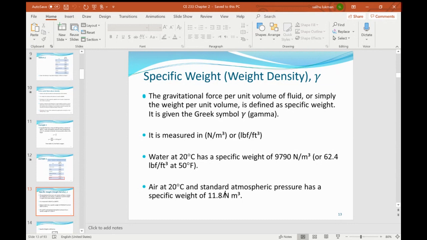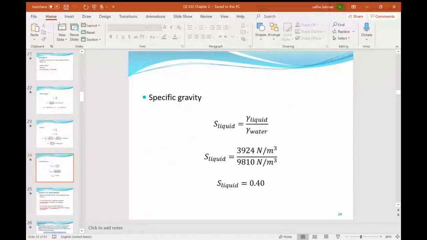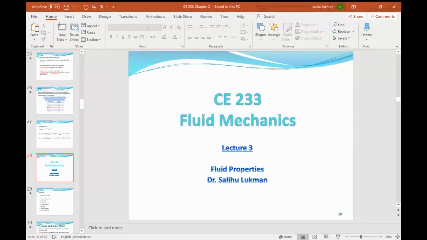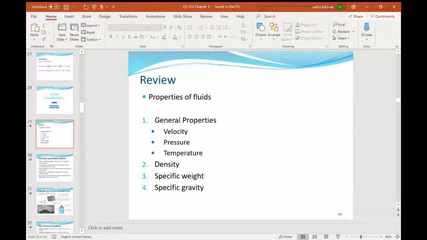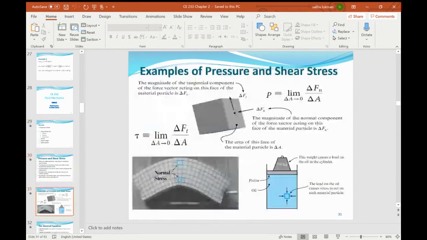Okay, so let me move on to the correct slide. Yeah, we reviewed. Now, pressure and shear stress.